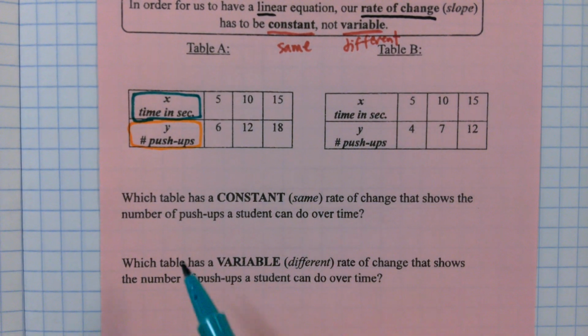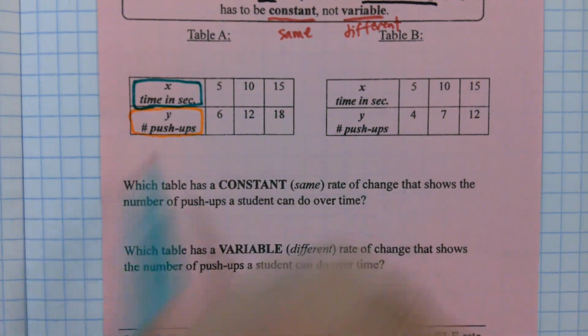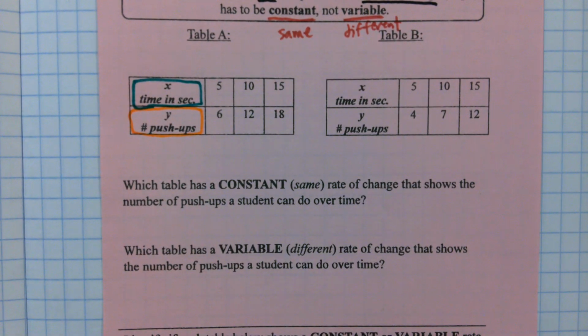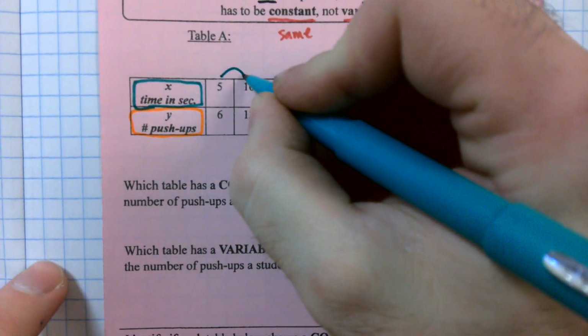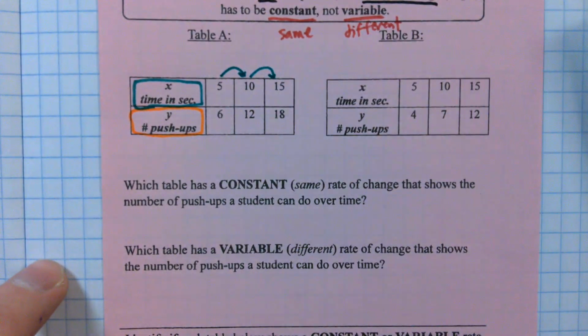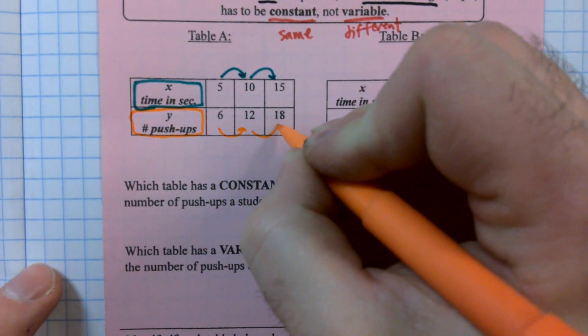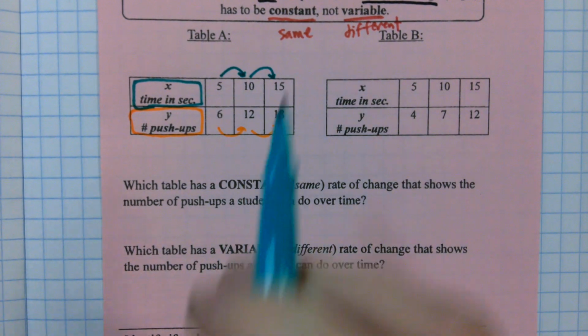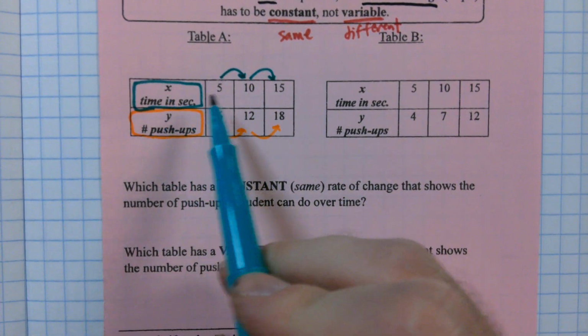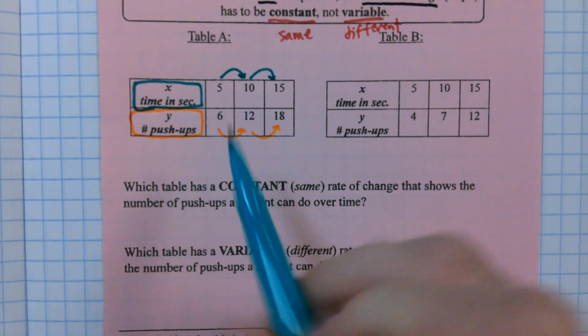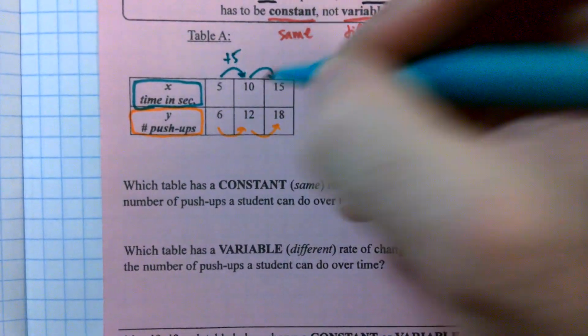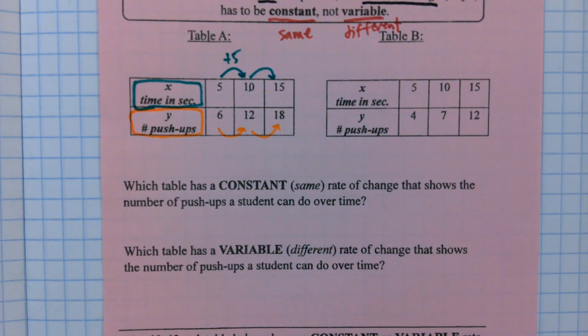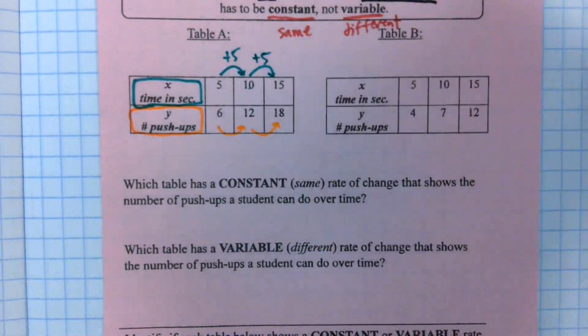So what I want to do is figure out if my change in X and my change in Y is constant or not. To do that, I'm going to do what I always do with a table and make my little arrows. How do I get from 5 to 10 seconds? Plus 5. How do I get from 10 to 15 seconds? Plus 5. Are those numbers the same?